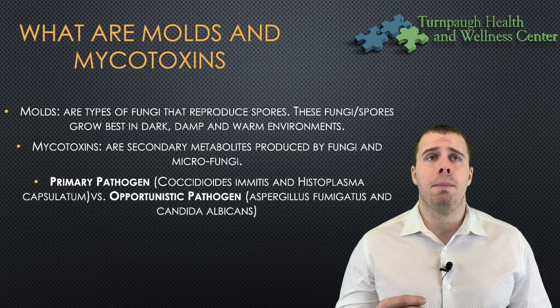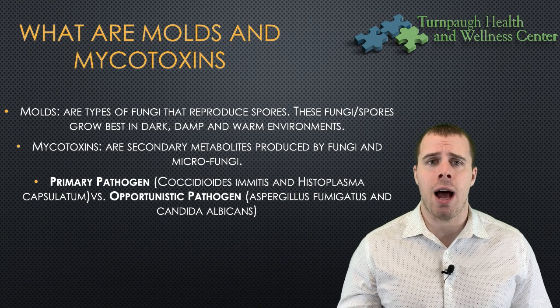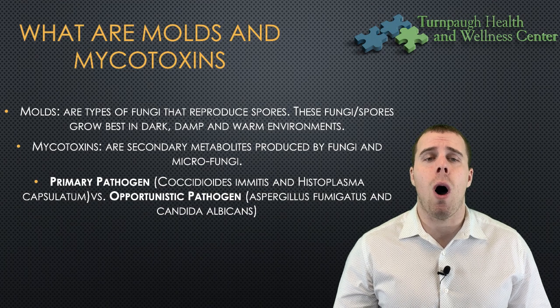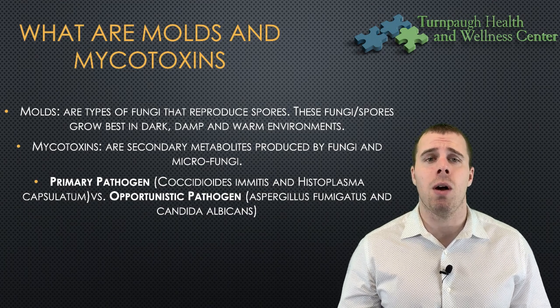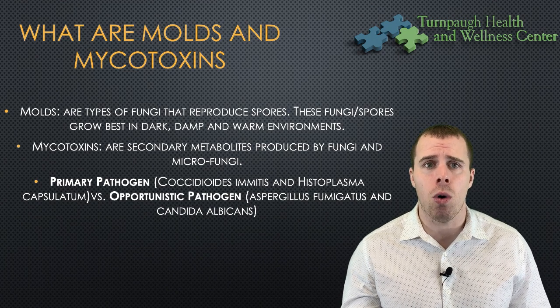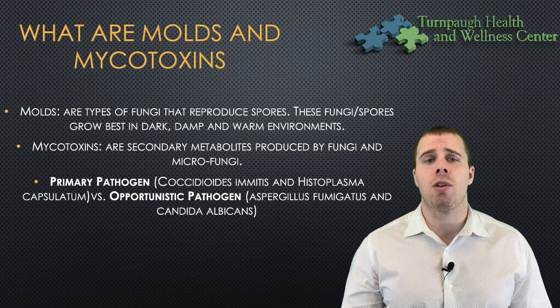Individuals who are immunocompromised are going to be more susceptible to these opportunistic pathogens. It's important to be aware of both of them, but most commonly we're seeing opportunistic pathogens, or molds and mycotoxins, have the greatest effect on individuals.